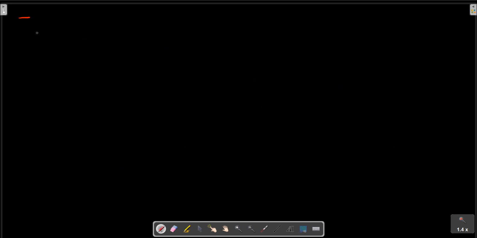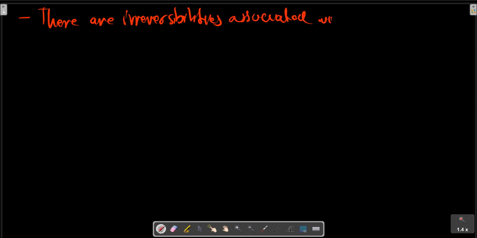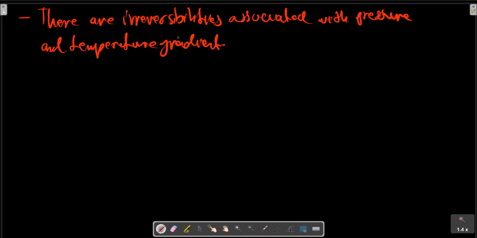And the last one, there are irreversibilities associated with pressure and temperature gradient.